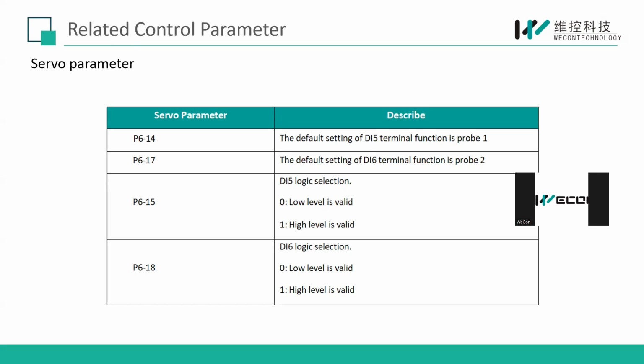So it means you can connect an iMark or sensor signal to DI5 to use probe 1, and you can also connect it to DI6 to use probe 2. So this is the wiring. And here we don't need to set any parameter because the default function of DI5 and the DI6 is already a TouchProbe function.